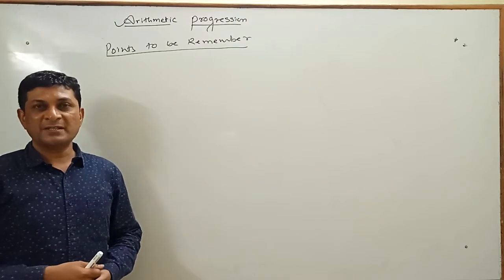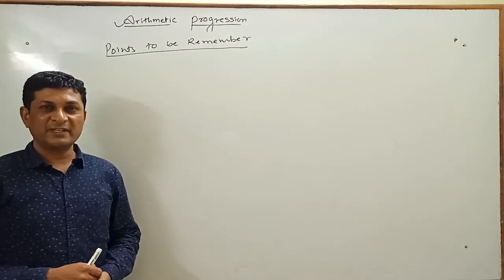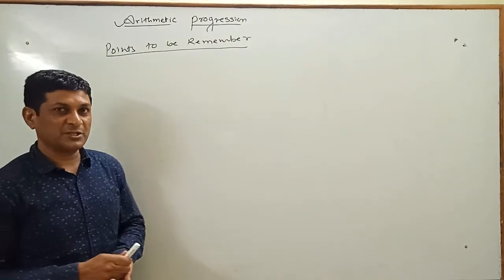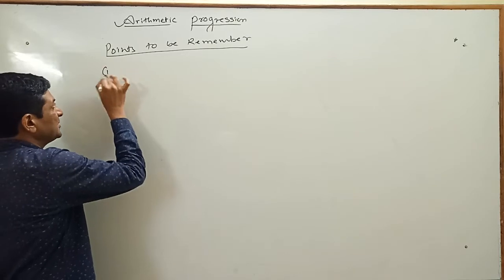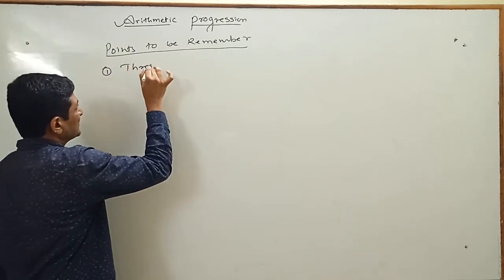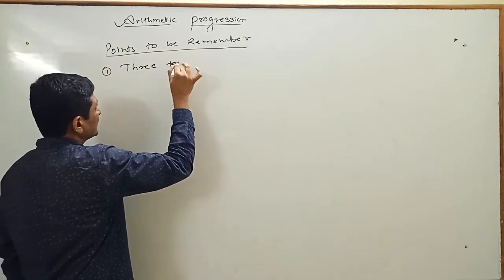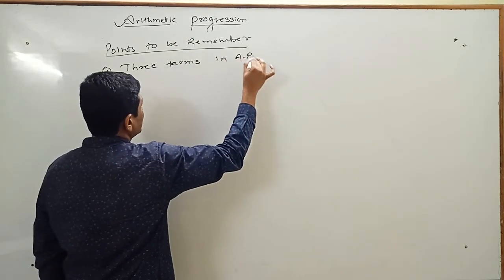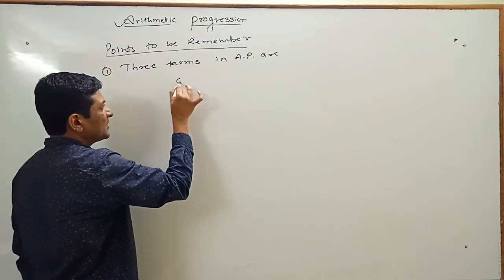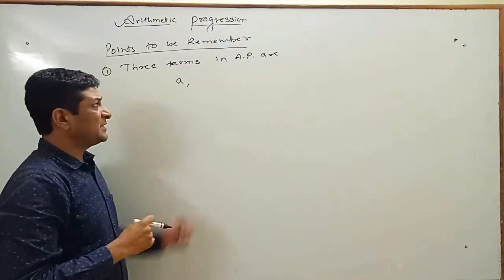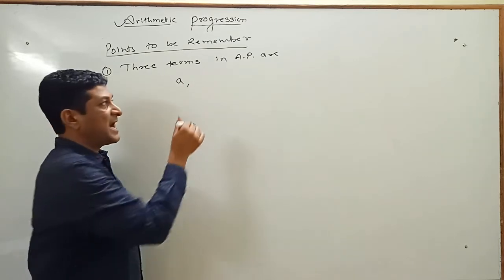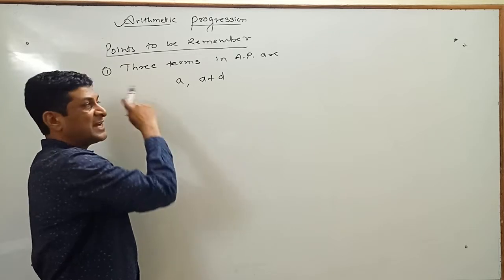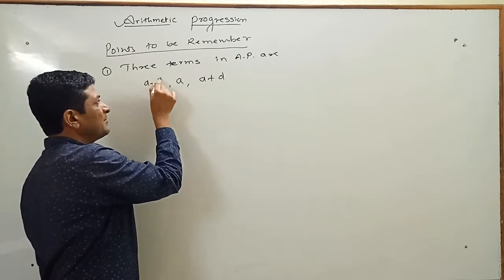Some important points are there which we use while solving examples. If an example is related to three terms in arithmetic progression, then for simplicity, denote these three terms as follows. If I am denoting one term by a, then to find its next term, we add d to it, a plus d. And to find its previous term, we subtract d from it, so a minus d.